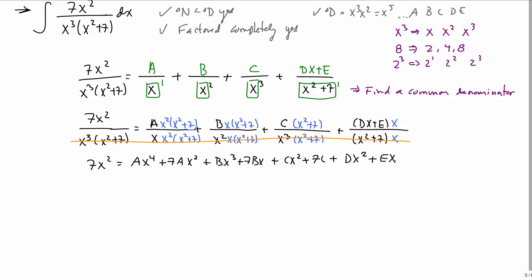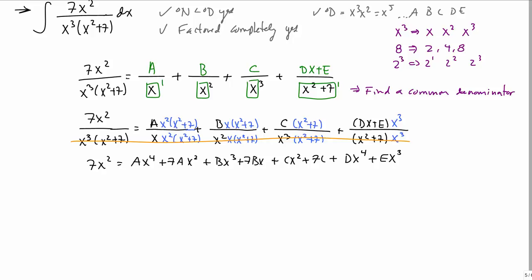Okay, now as I'm looking through here, I see that I should have an x cubed, so this should be a cubed right here. So this should be dx times x cubed would be dx to the 4th plus ex to the 3rd. I think that looks better.